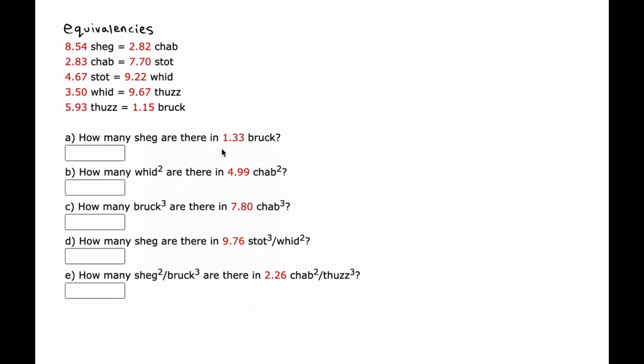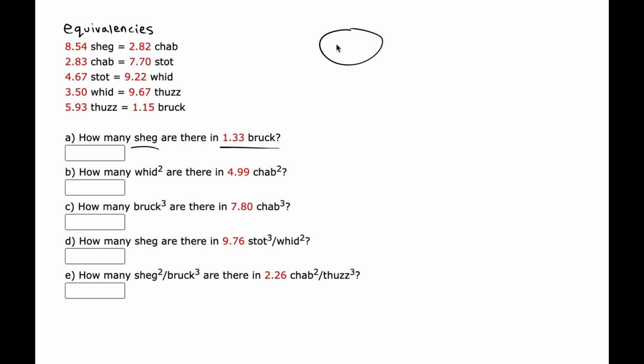First one says we're trying to convert 1.33 bruck to the unit of sheg. So you want to look in the equivalencies and try to find a pathway for getting from one unit to another.